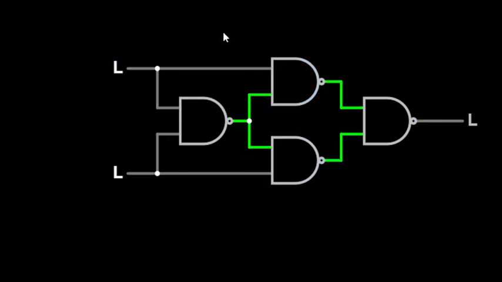Now how does it work? It works only when one input is high and the other is low, or the other is high and the first one is low. If you can see here, at this time both the inputs are low, which means we will get low at the output, and once we make one input high, you will get high at the output.